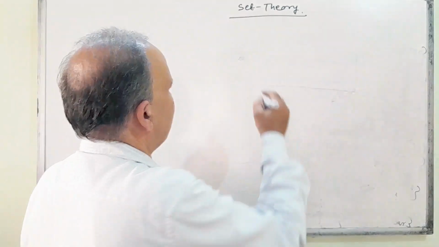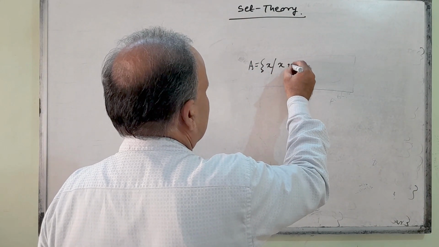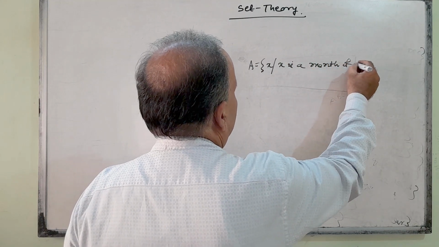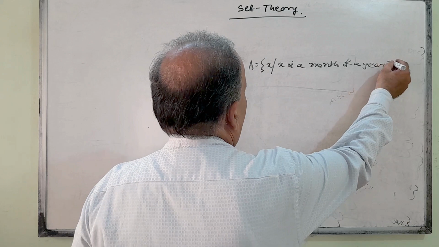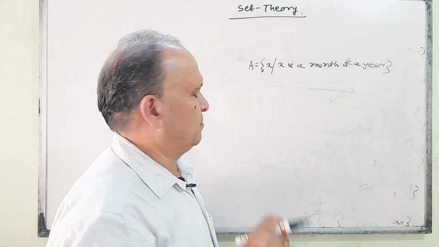Like this, A is equal to {x such that x is a month of a year}. This is a finite set because its number is 12.